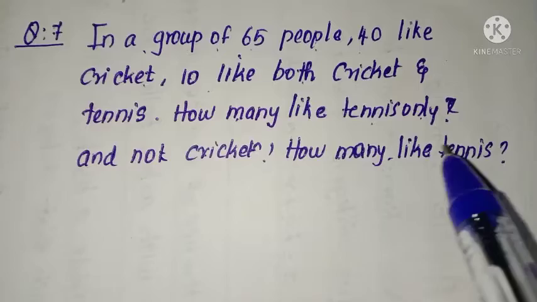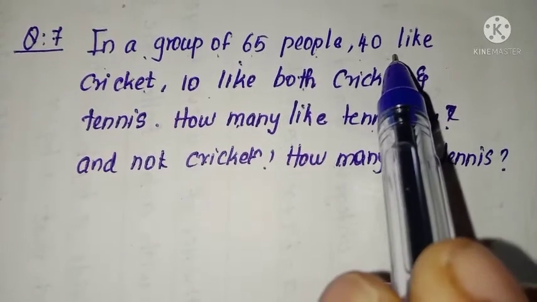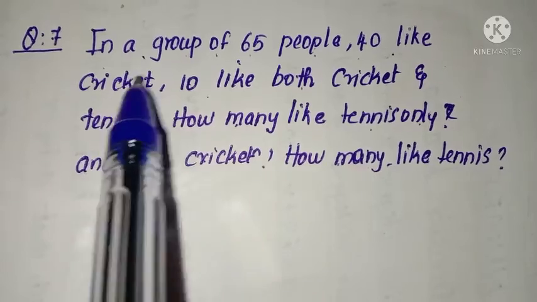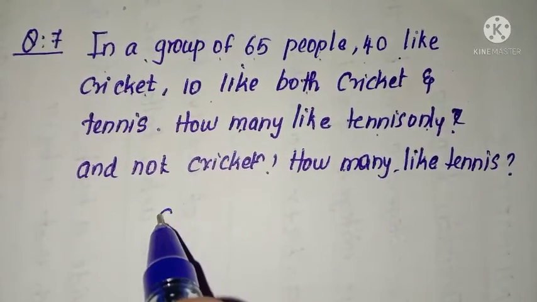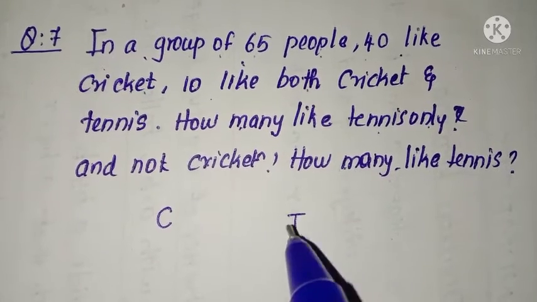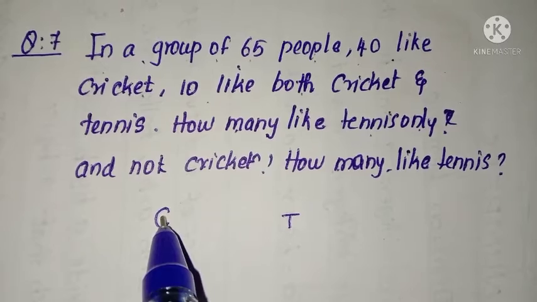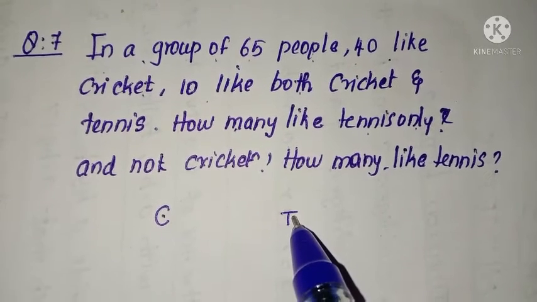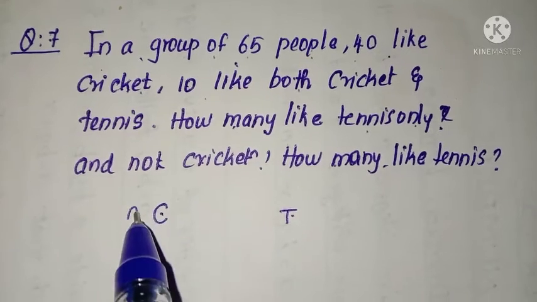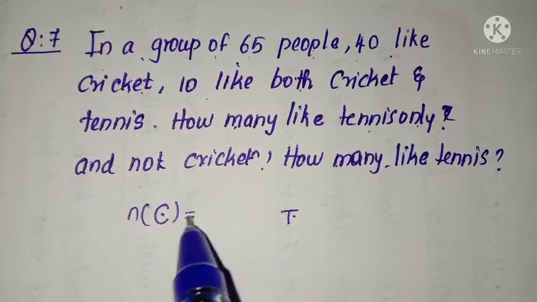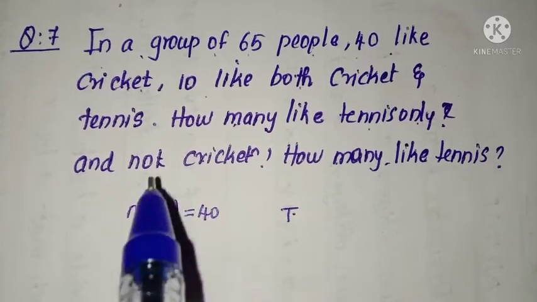Listen, here we have people who like cricket and tennis, so introduce two sets C and T. C denotes the set of all people who like cricket, T denotes the set of all people who like tennis. n of C is 40.